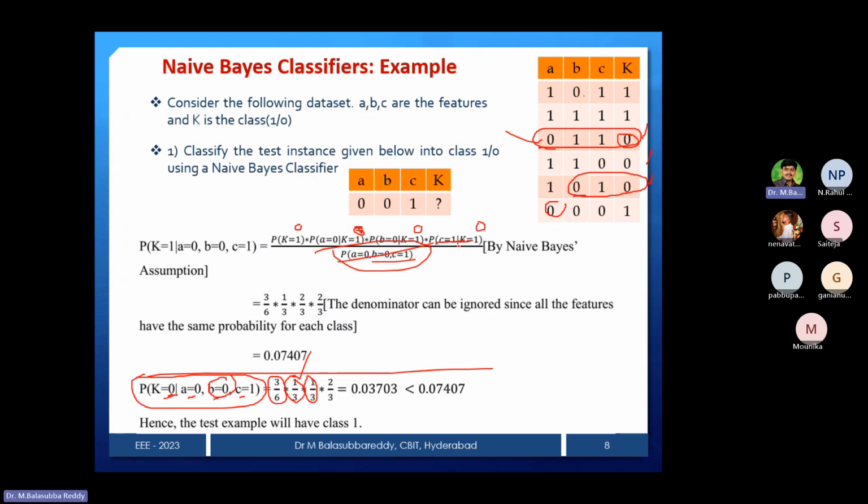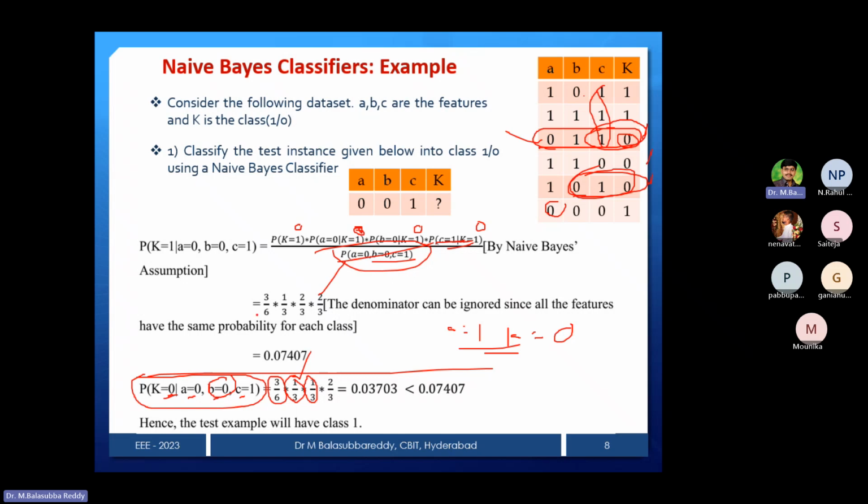C is 1, this is one instant, and there is a second instant. That's why 2 by 3 you can write.